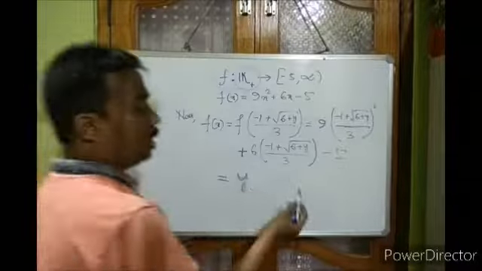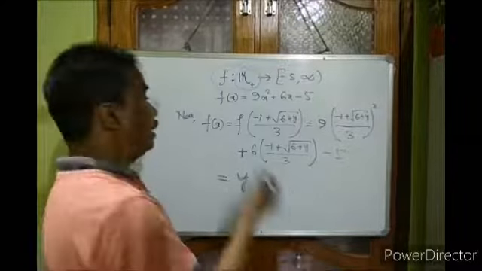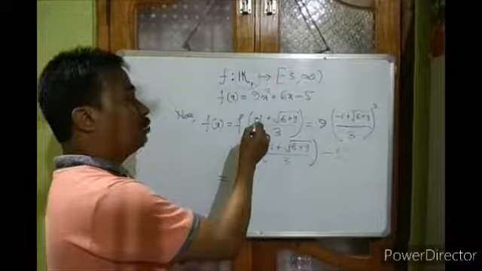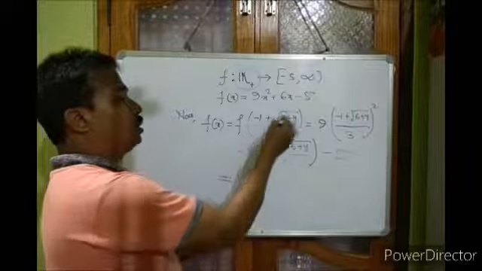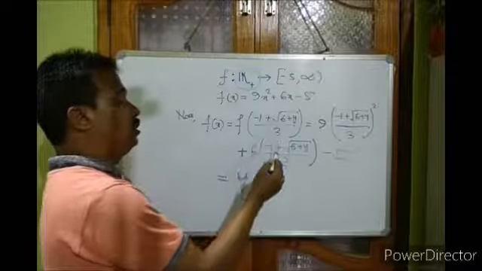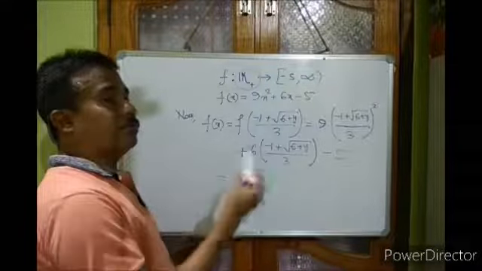So we have got x equal to minus 1 plus root over 6 plus y divided by 3, such that fx is equal to y.